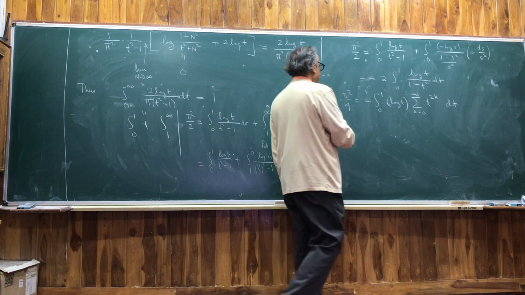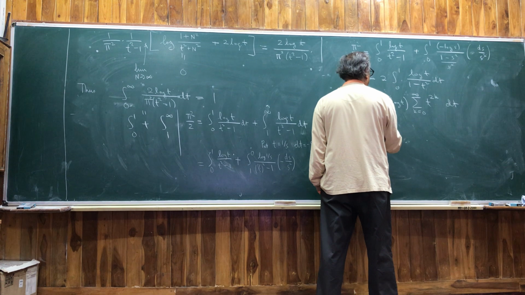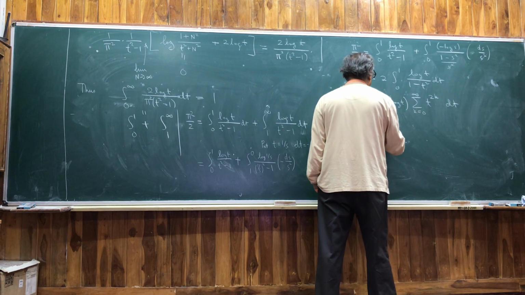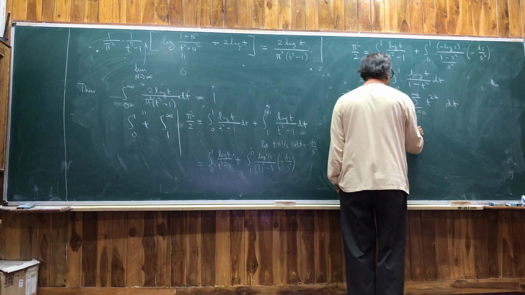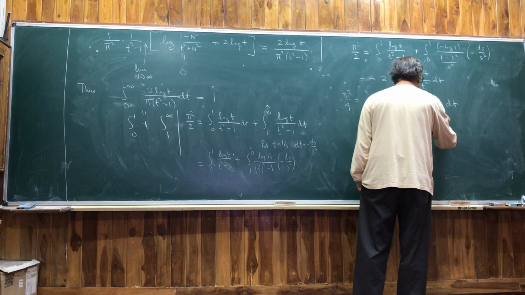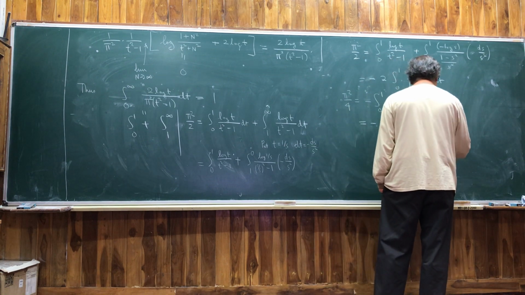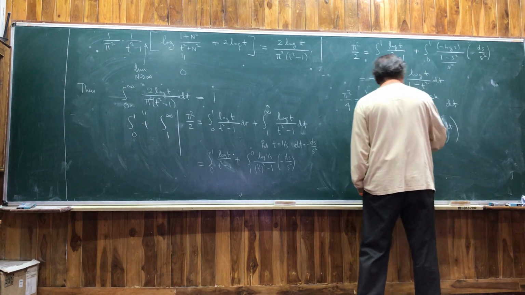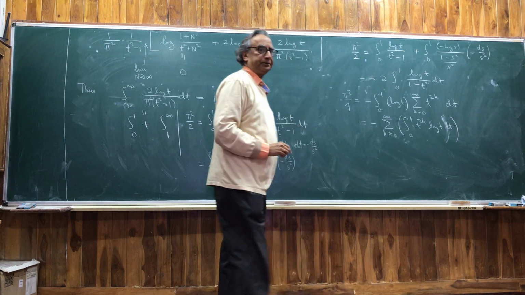So in other words, I've got minus the summation k going from 0 to infinity of the integral 0 to 1 of t to the 2k log t dt. Right, so far so good.